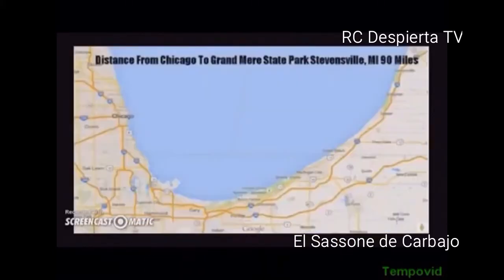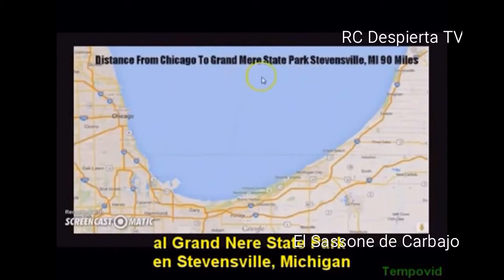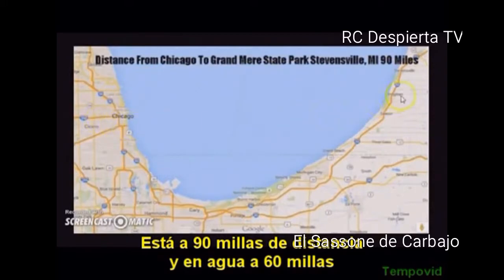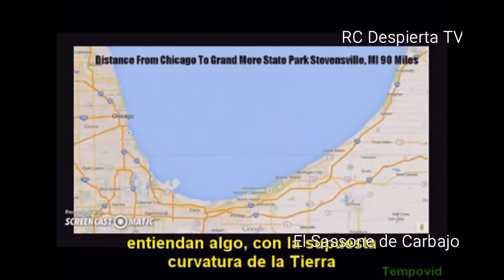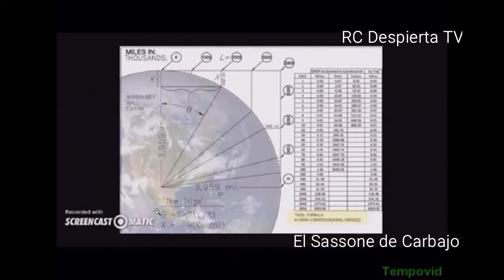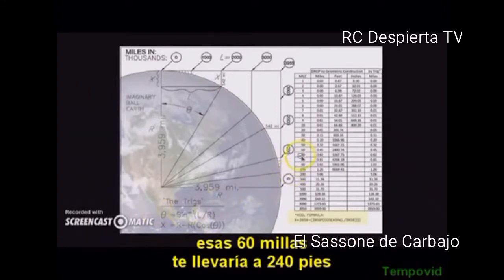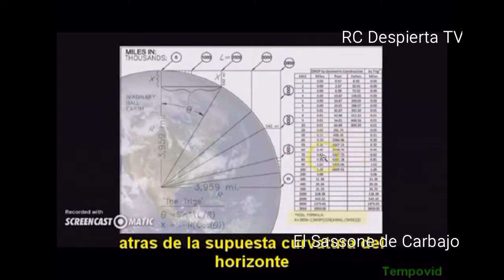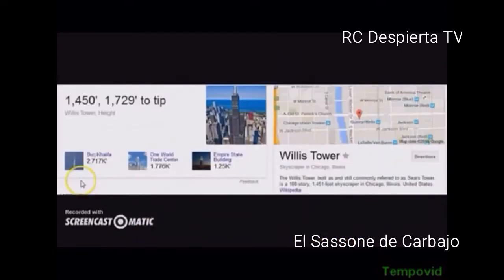Now understand, the distance from Chicago to Grand Mere State Park in Stevensville, Michigan is 90 miles away. And they say over water it's 60 miles. Now understand one thing. With the supposed curvature of the earth, at 60 miles, that will put you 2,400 feet behind the supposed horizon or the curvature.